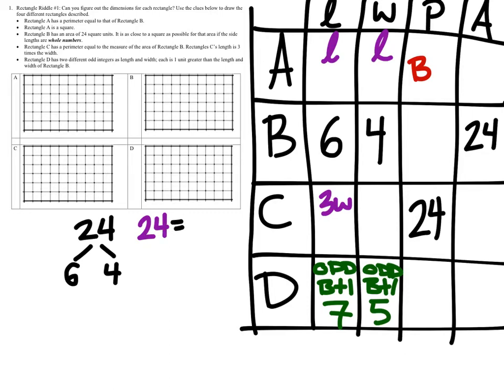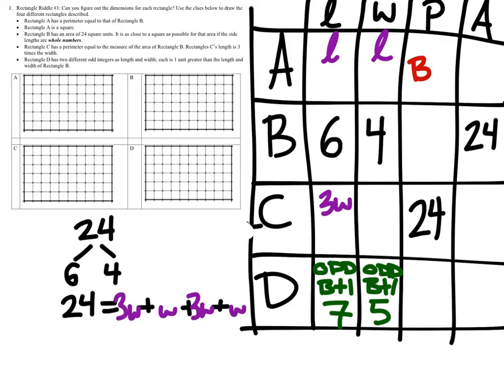It was the same number value as the area of B. Now, as it turns out, this is perimeter, so we've got to take the length, which in this case is 3W. We got to add another W. Then I ran out of space. There we go. I got 3 W's, another 1 W, another 3 W's, and another 1 W. This gives me a total of 8 widths, which would have been the same as the perimeter, 24.